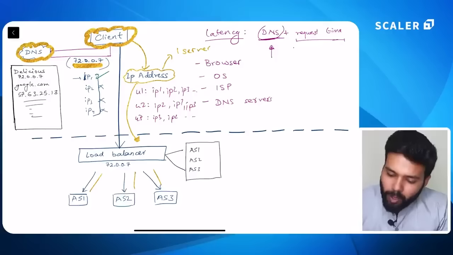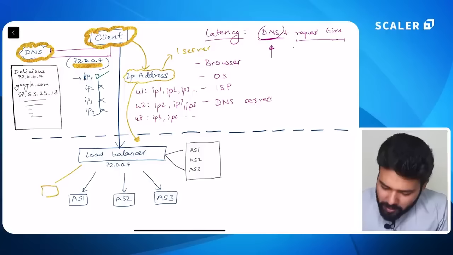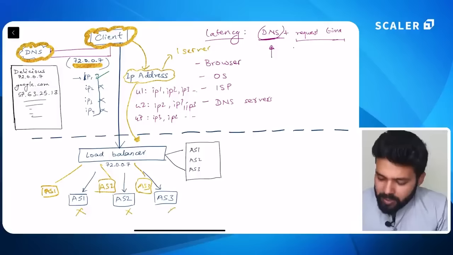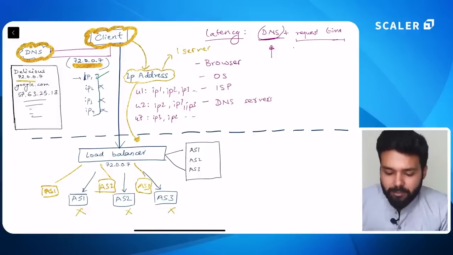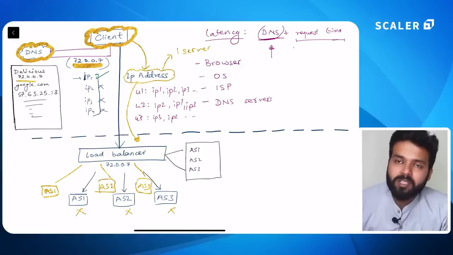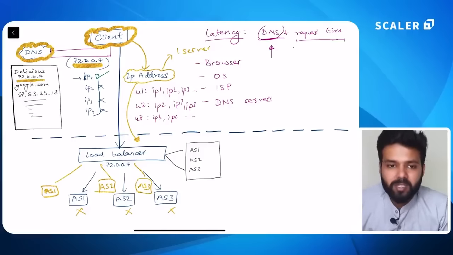So if we have to update the code of my application server, all I need to do is add more application servers, let's say AS1, AS2 and AS3, register these application servers in the load balancer and deregister the older ones. And I have saved myself from updating the DNS record. If this was the one server case, the IP address of that one server would have changed and I would have to update the DNS mapping as well.